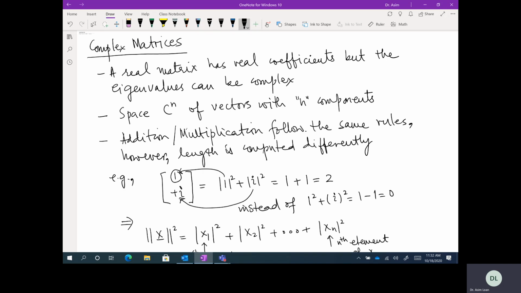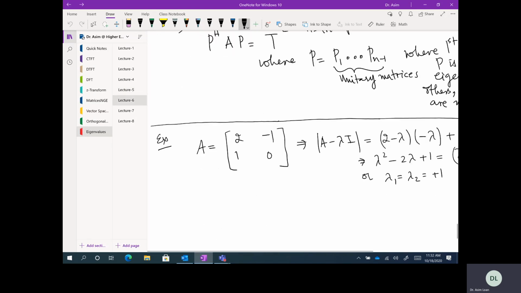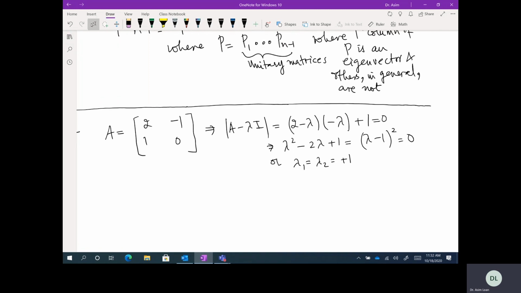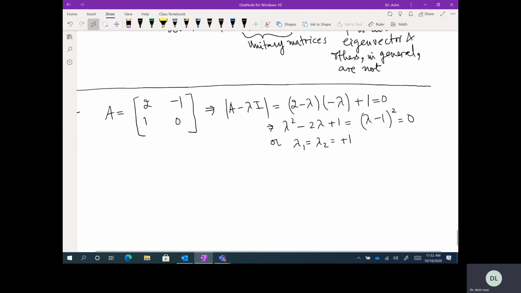And what are my eigenvectors? So what are the corresponding eigenvectors?